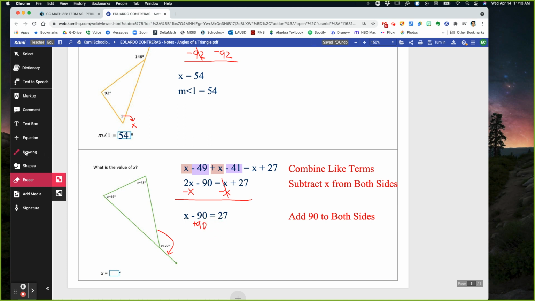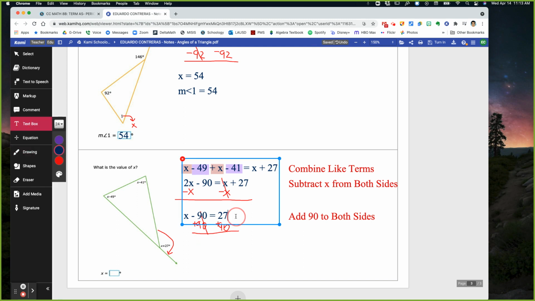Let me start over. Plus 90. Cancel this. And I finally get my answer, which I wanted, which is whatever 27 plus 90 is. And that's what, 117?